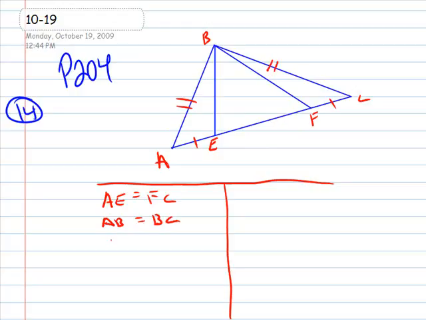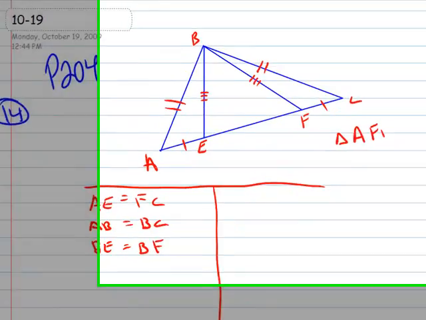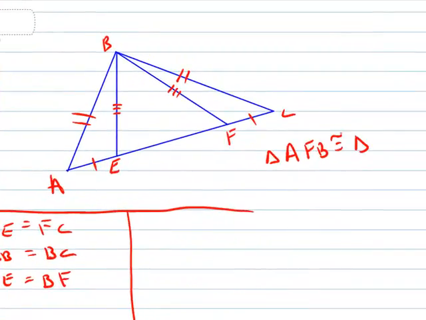We're also given BE and BF. BE and BF. So what we're supposed to do is prove that AFB is the same triangle as CEB. Same size, same shape.